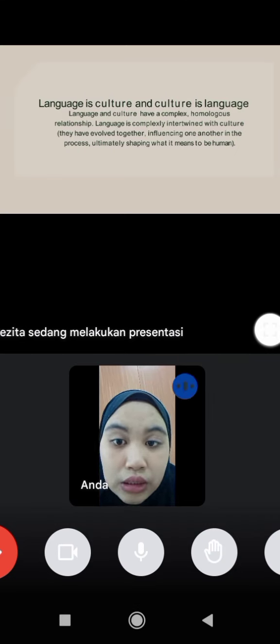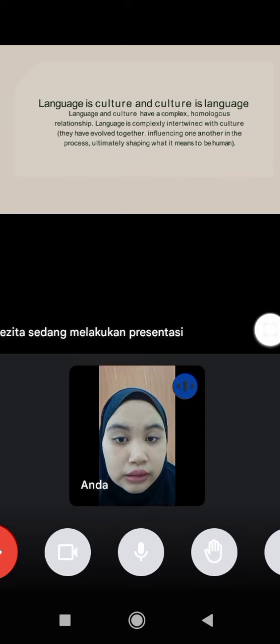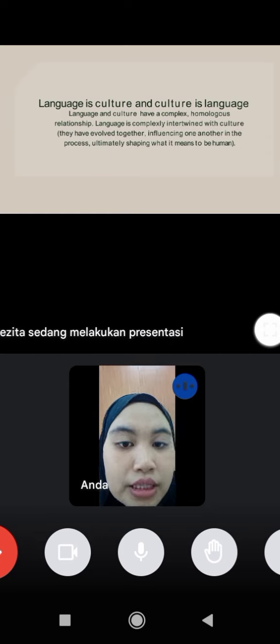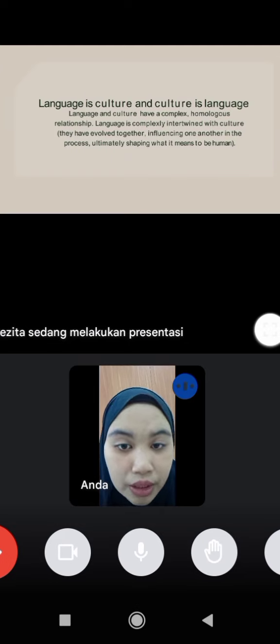Language and culture have a complex, homologous relationship. Language is complexly intertwined with culture. They have evolved together, influencing one another in the process, ultimately shaping what it means to be human.